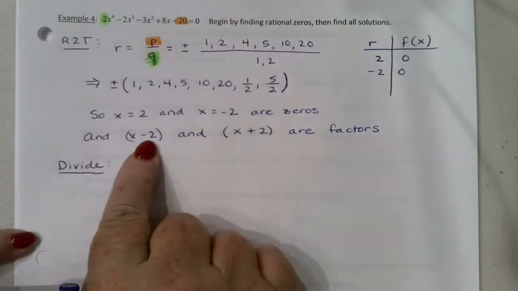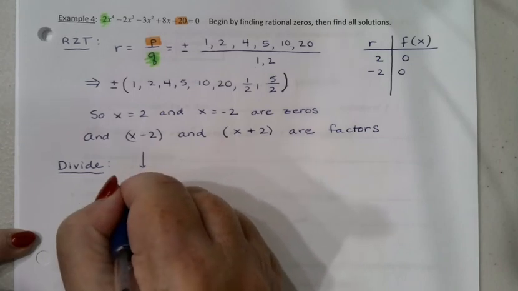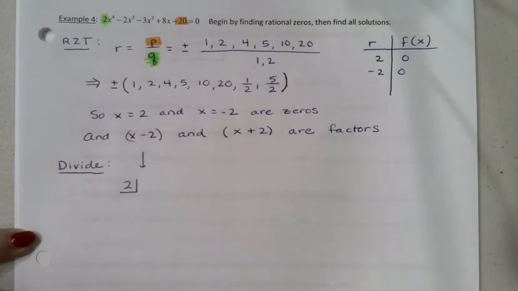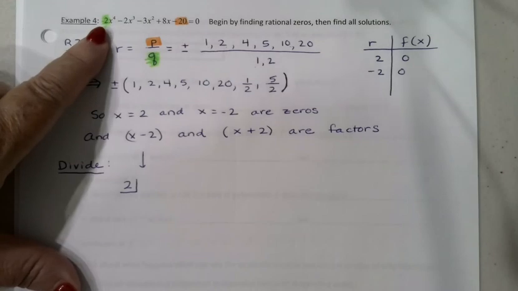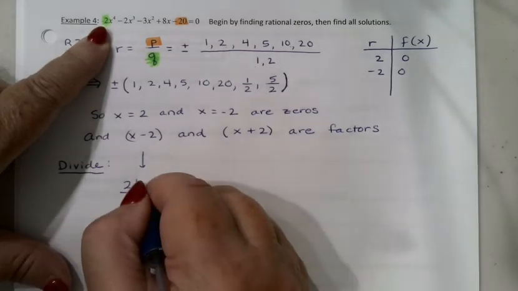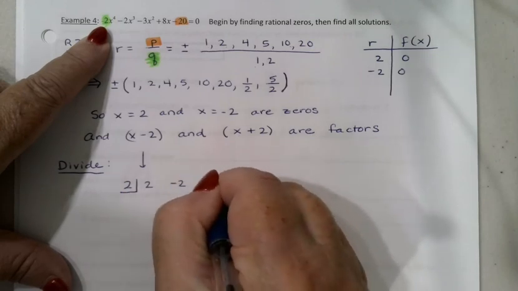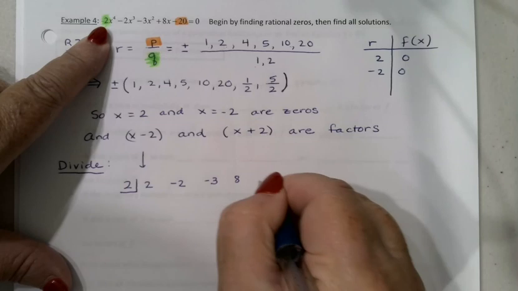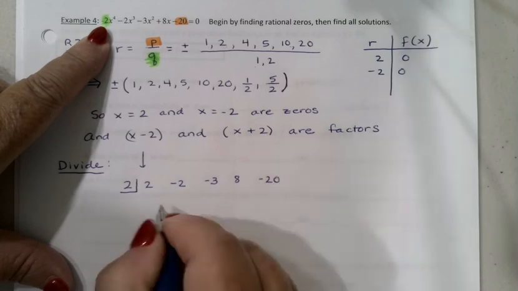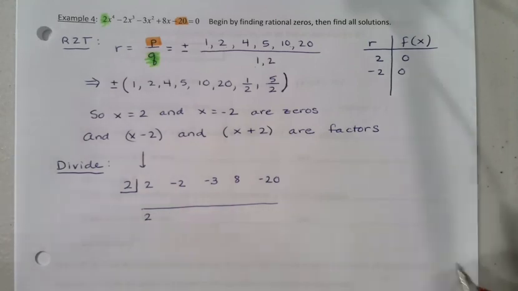All right, I'm going to start out with the x minus 2. So I change the sign, make that 2. And then I'm going to go back and capture the coefficients of my original polynomial. All right, I bring down that 2 to start me out.